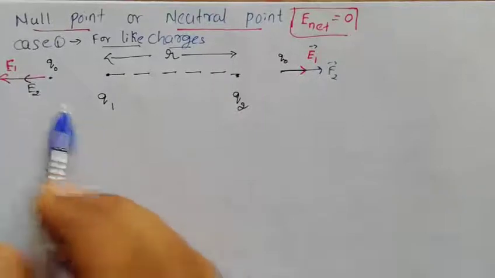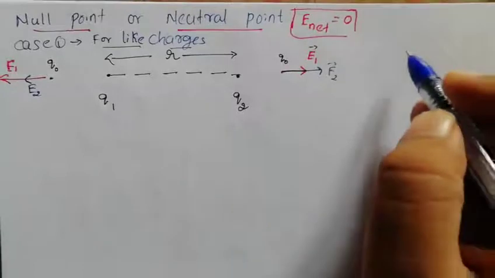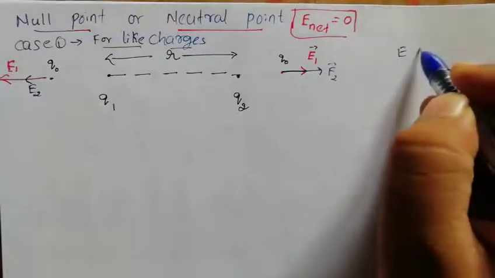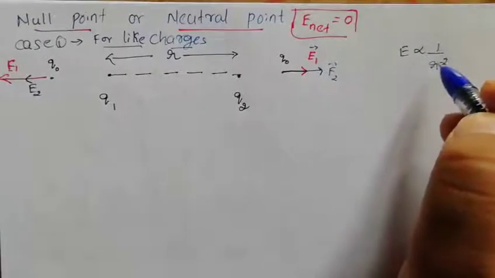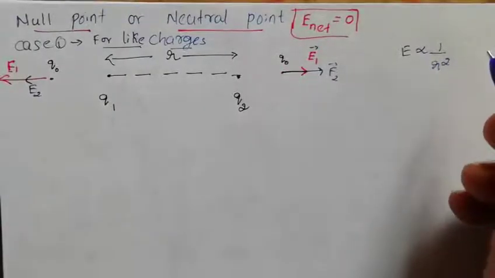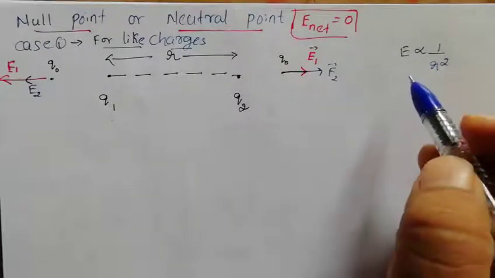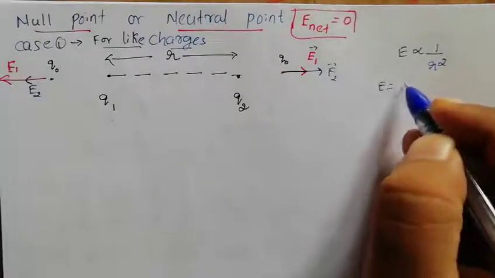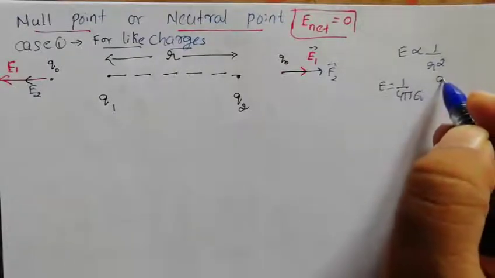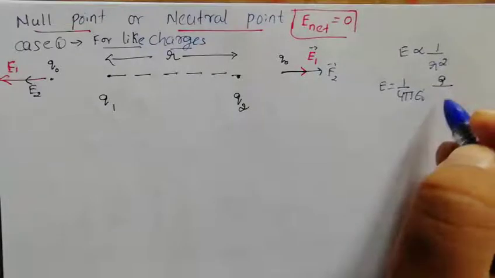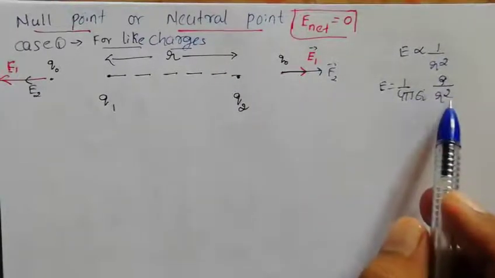Yes or no? And here, by looking at the length of electric field 1 and 2, you need to know electric field is proportional to 1 by r square, as done in the previous derivation in the last video. You need to remember this. As we got the formula there, E equals 1 by 4 pi epsilon naught Q by r square, meaning electric field is proportional to 1 by r square.